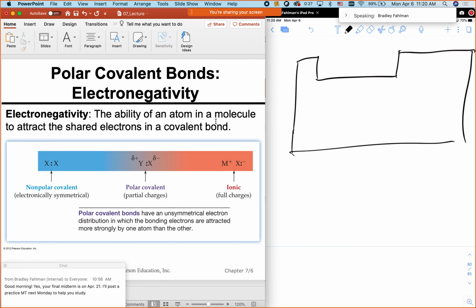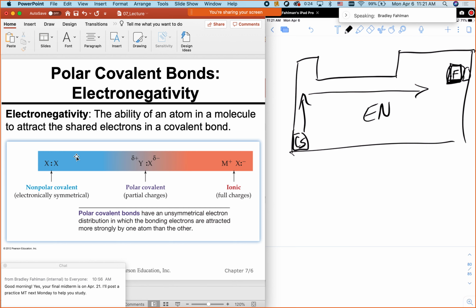So up here, somewhere here, and I guess that's the noble gas. This is the most electronegative element, and the worst would be something like cesium or francium down here. Electronegativity increases as you go up a group and increases as you go left to right in a period. Anything partnered with fluorine is going to be very polar.